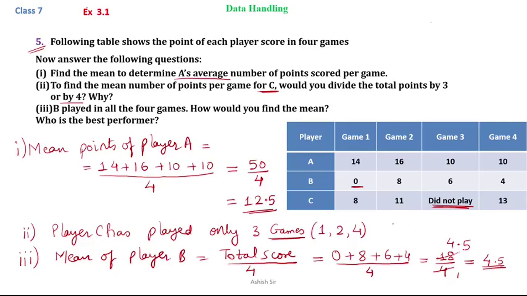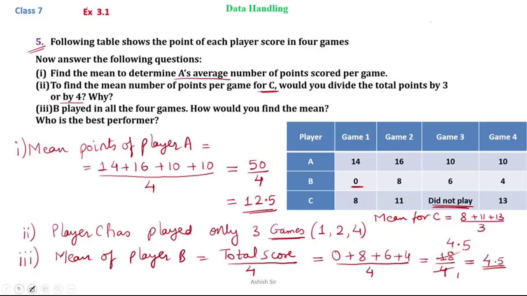We need to calculate the mean of player C also. So we write down here, the mean for player C will be 8 plus 11 plus 13 divided by 3.